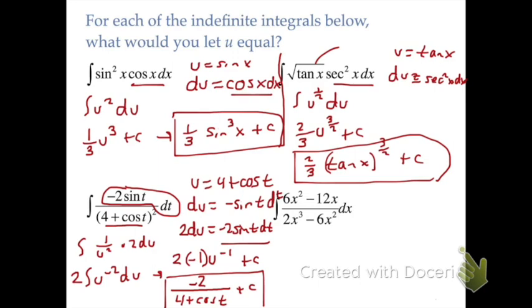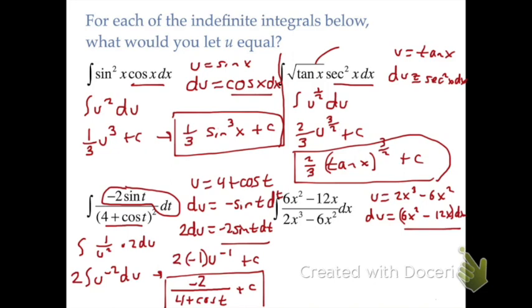Last one we have is 6x squared minus 12x all over 2x cubed minus 6x squared dx. Let's use our denominator for our u. And we get 2x cubed minus 6x squared. du is 6x squared minus 12x dx. And you'll notice that this does match the top of our numerator.